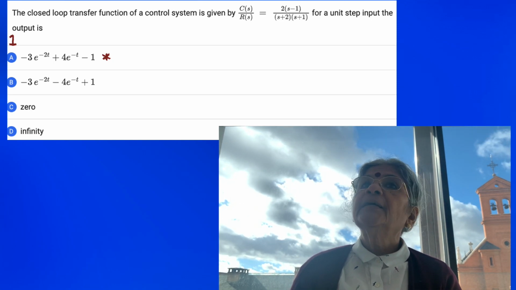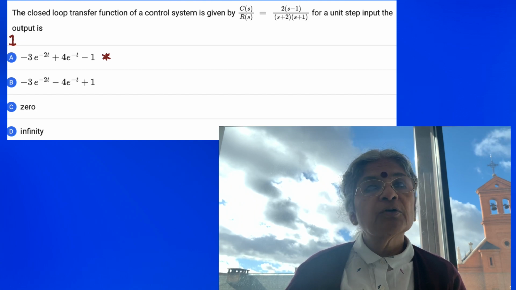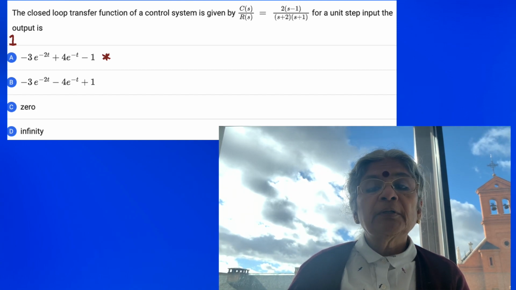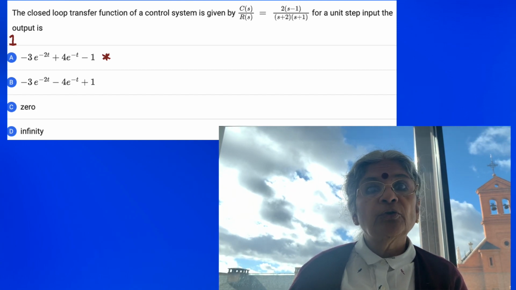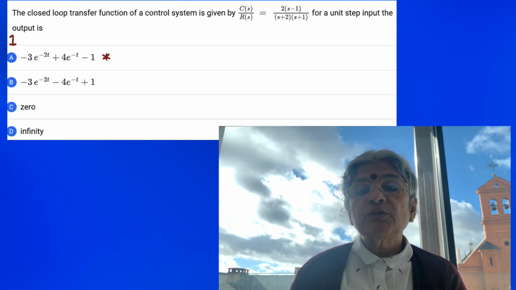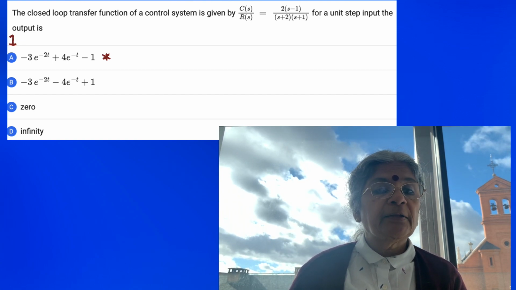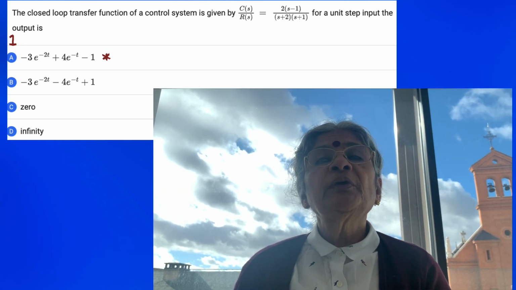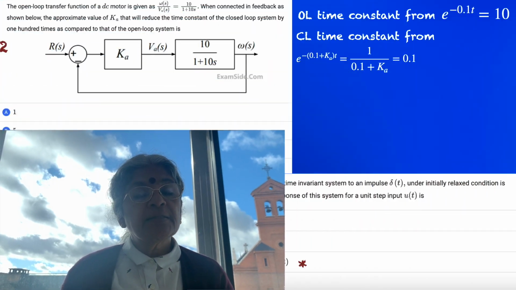You see that it is equal to plus 4, because you have minus 4 in the numerator and minus 1 in the denominator. As simple as that. So we need not take out all the residues. That's all. So let's go to the next problem.